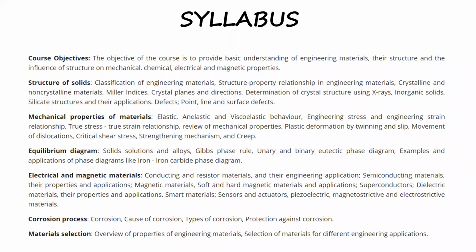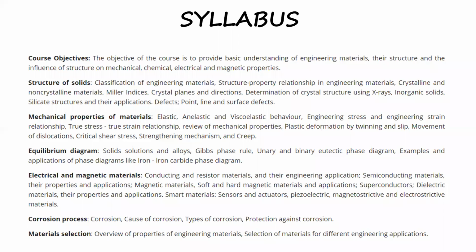So in this particular unit, we are going to discuss those properties of the material which are more important vis-a-vis the mechanical properties of the material. Here we will first study the elastic behavior of the material, followed by inelastic and viscoelastic behavior. At this point, if you are not able to understand these terms, it will be perfectly fine, because we are going to study them in quite a detail at a later stage.